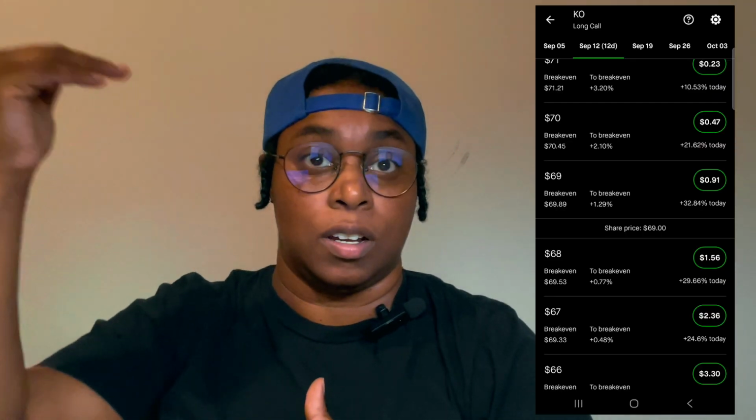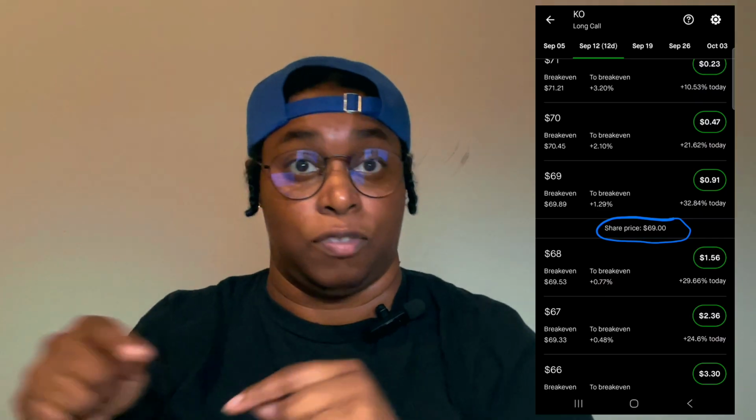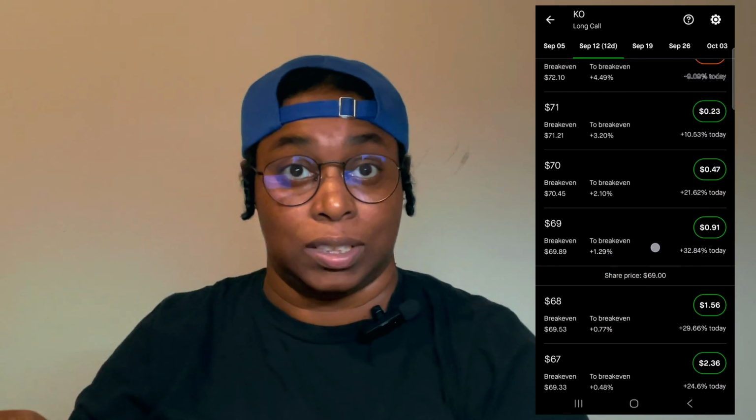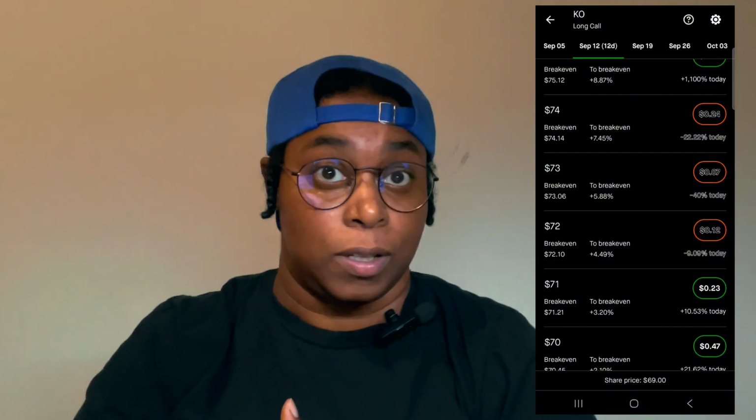If the stock is $80, okay, and I say I believe it's going to 85, you don't pick a strike that is close to that $80. You will be going what is called out of the money, or referred to as OTM. The further you go away from the current price, the current strike price from the actual price of a stock, the cheaper your option will be, or the cheaper your premium will be.